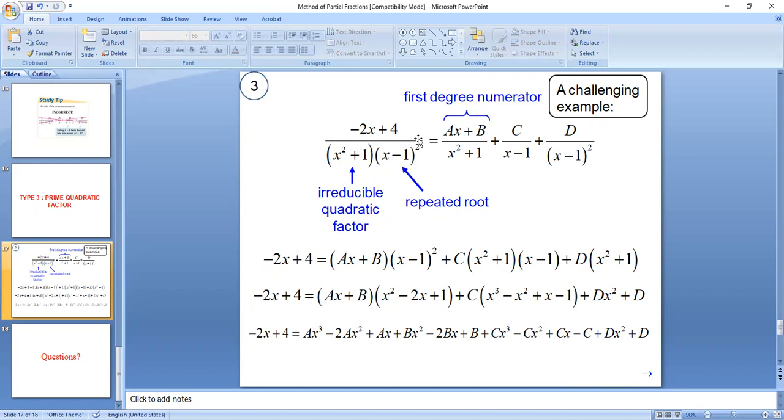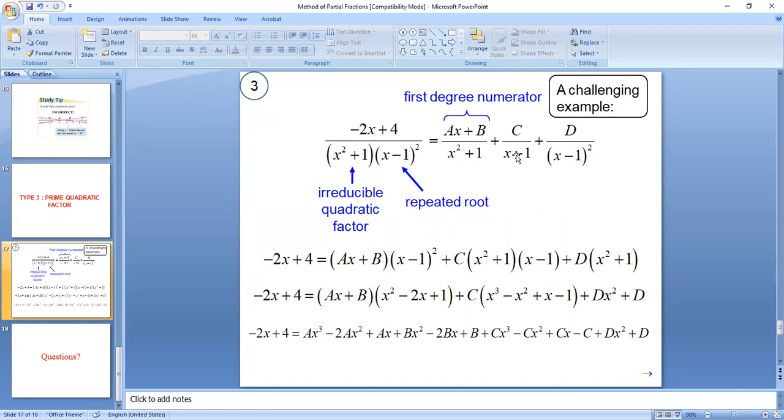For the linear factor, you have represented it by these two partial fractions which are being repeated: c over x plus 1 and d over x minus 1 quantity squared. For this irreducible quadratic factor, the quadratic factor is copied and the numerator this time constitutes two terms, not just a. It's now ax plus b.